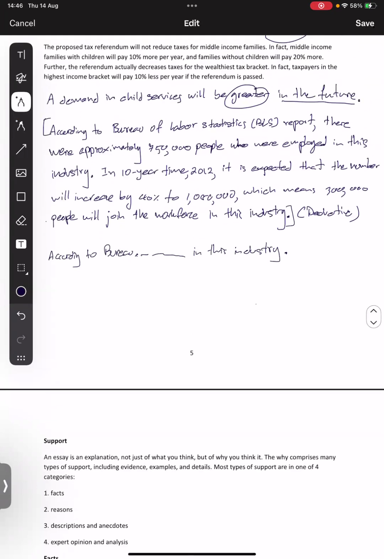All right, now this topic sentence will have to be at the end.